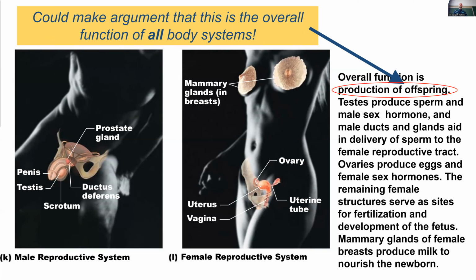So we can make that argument that the end function of all these systems working together is to give humans that ability. And I mean that in a broad sense. I'm saying you, meaning the whole human population of the world, not this class specifically. So that's what we're looking at this semester.